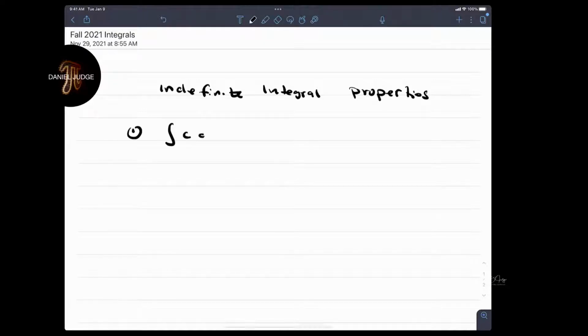You have the integral of c, where c is a constant. That'll be cx plus some big C. And I think I did write down some of these properties for you guys already. Constant times a function: pull out the constant, and you can integrate the function.